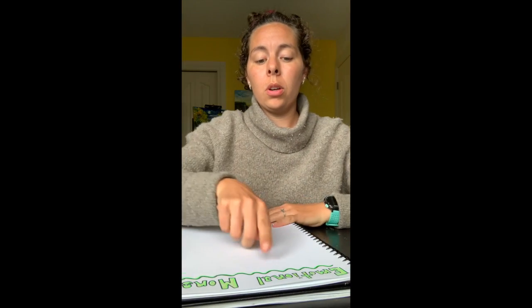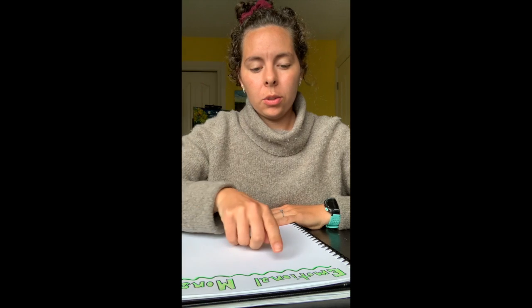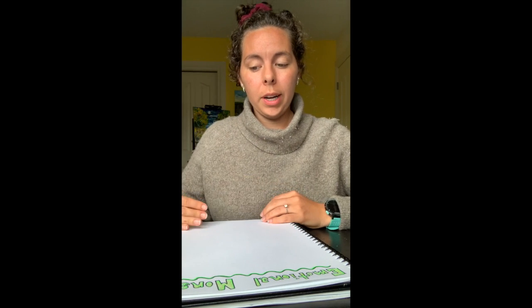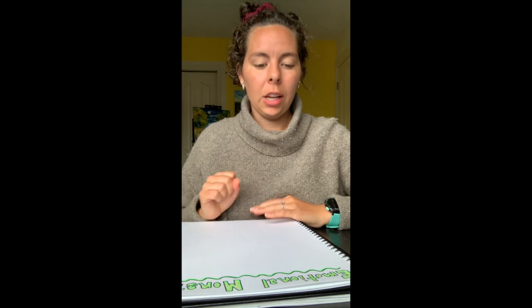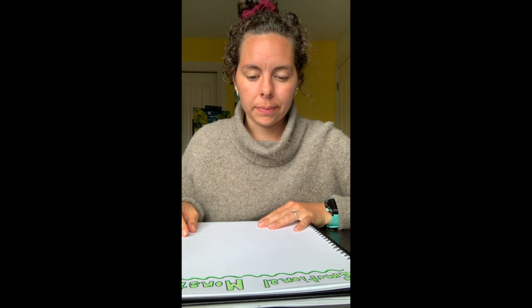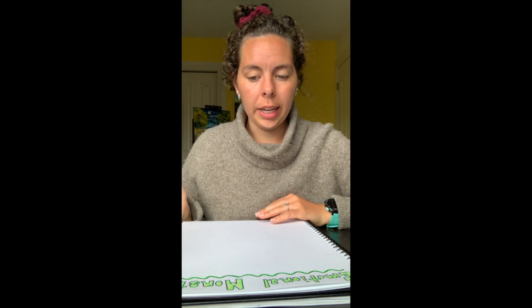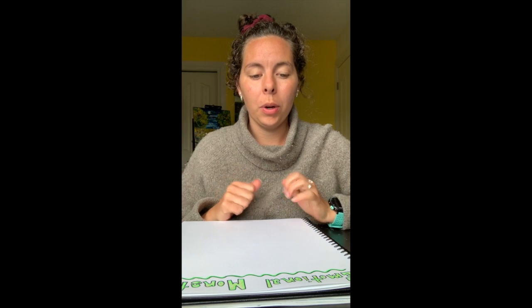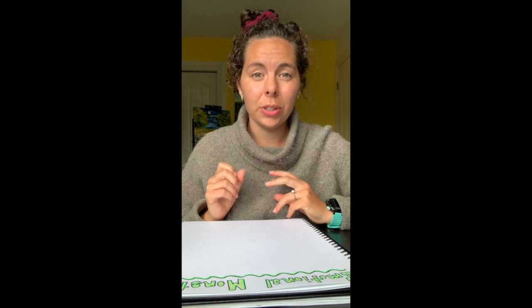Or you could do it in squares, 3 rows of 3 squares. I can show you what that looks like as well. However you like, split your page into 9 different parts, and we're going to put 1 emotion in each of those 9 sections. Okay, so let's do that part and then we'll come back.